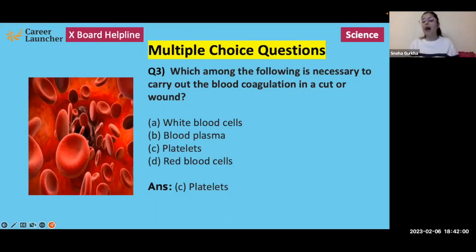So platelets are the elements required for the clotting of blood. The correct answer to this will be platelets.